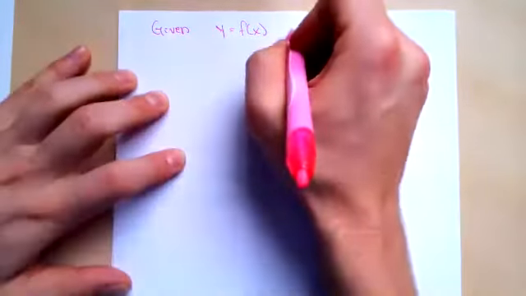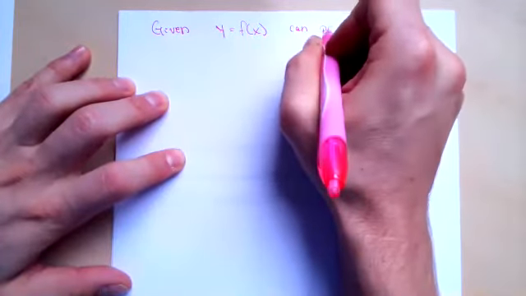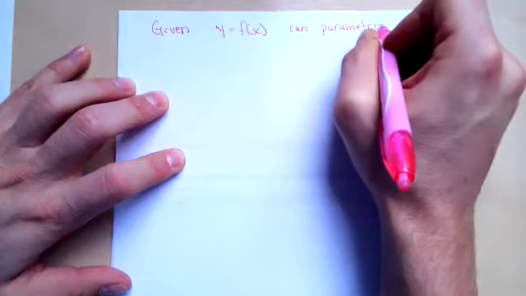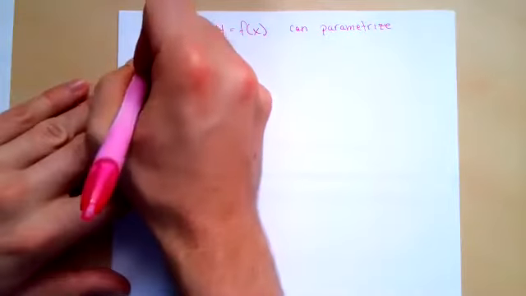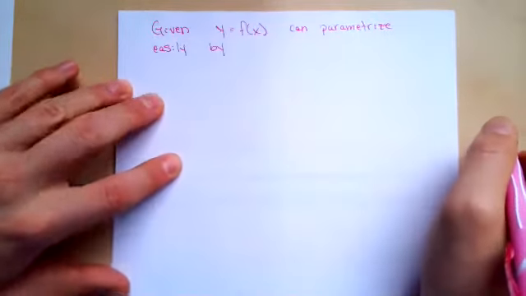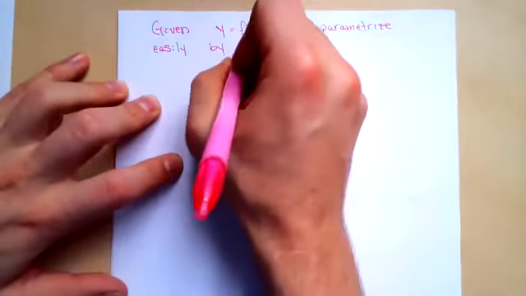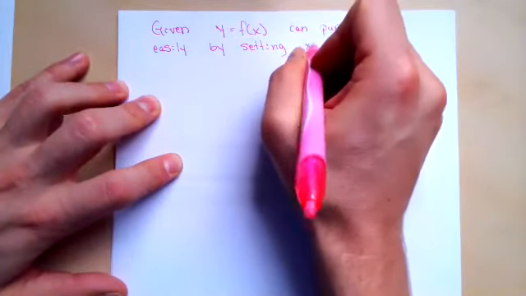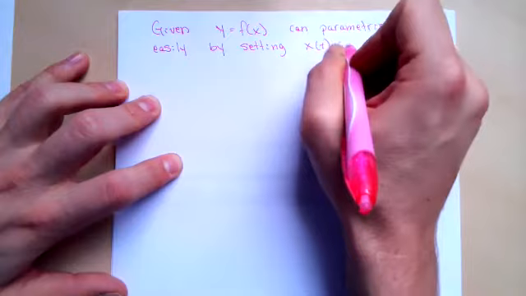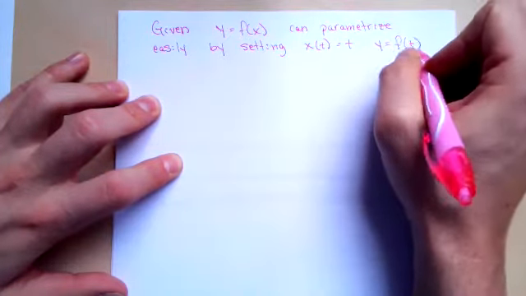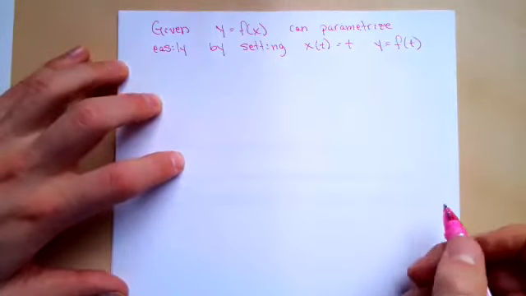If we're given a function y is equal to f of x, we can parameterize it easily by just setting x equal to t, and then y equal to that same function just changed to the variable.